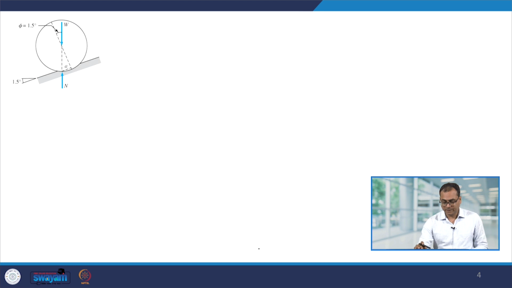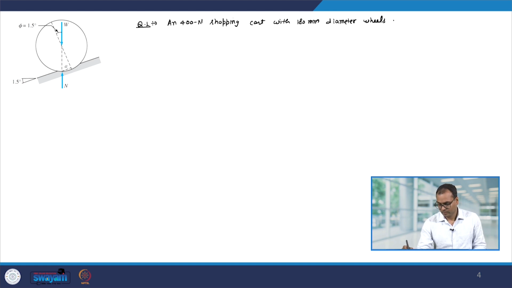Now, with this very basic concept, let us look at some examples. The first problem statement is the following: a 400 Newton shopping cart with 180 mm diameter wheels rolls down a ramp with a constant speed.